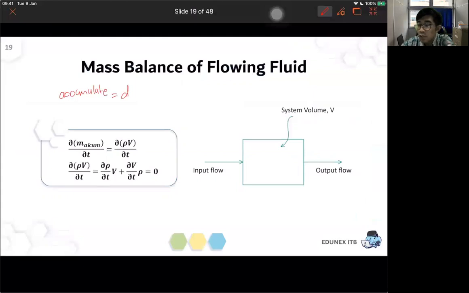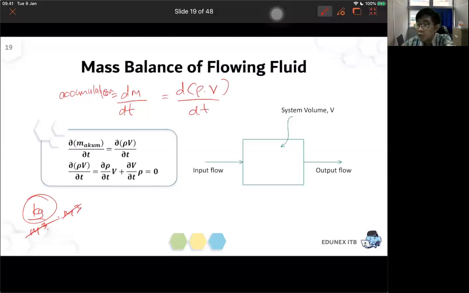Okay, before we continue, just a step back to accumulation. You can call it dm over dt, right? This is the general accumulation. And you always remember that mass equals density times volume, divided by dt. Density is this one, volume is this one.